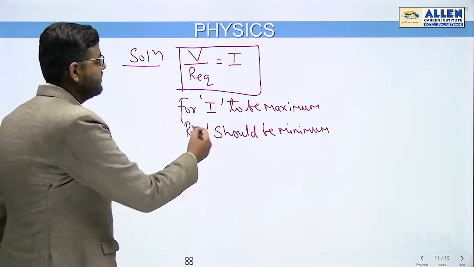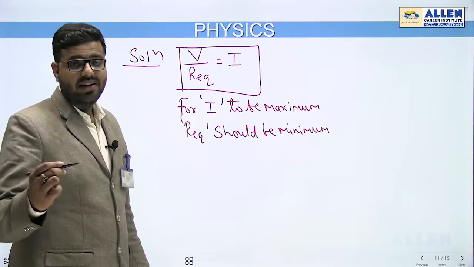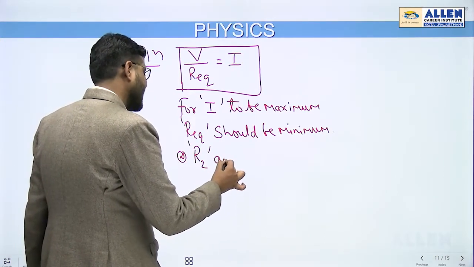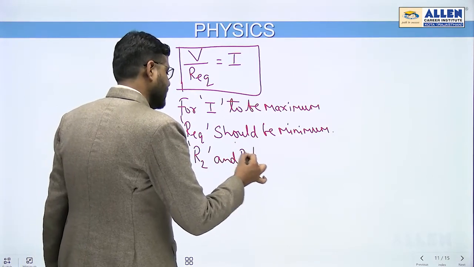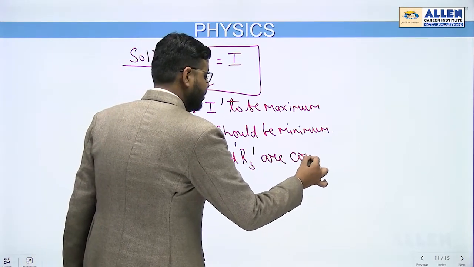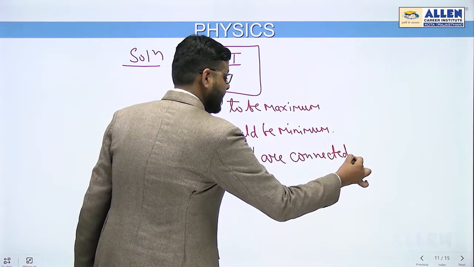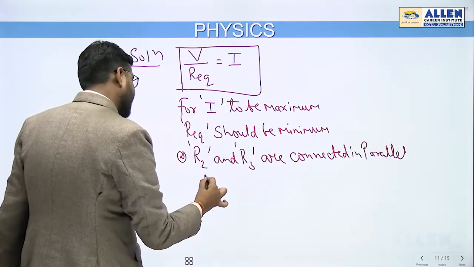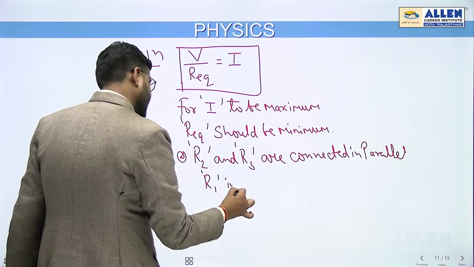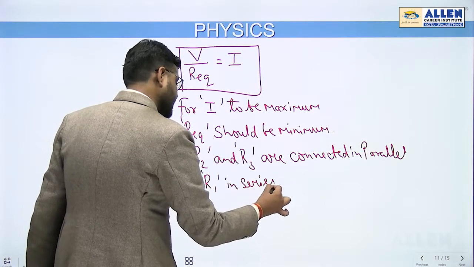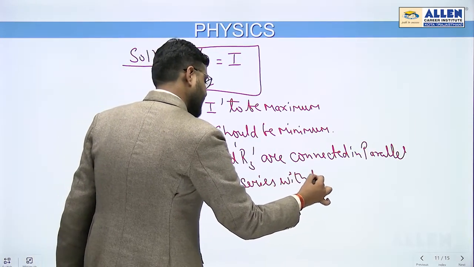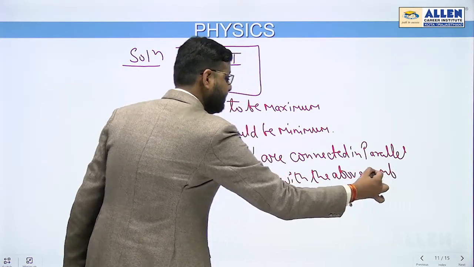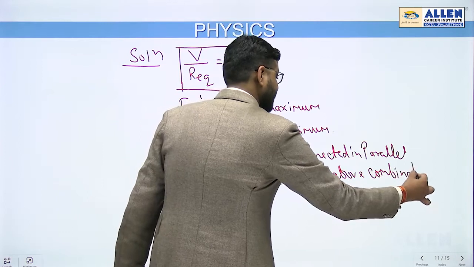Since we want minimum equivalent resistance, the resistors having greater values, that is R2 and R3, should be connected in parallel, and R1 in series with the above combination. In this case we will get the minimum resistance.